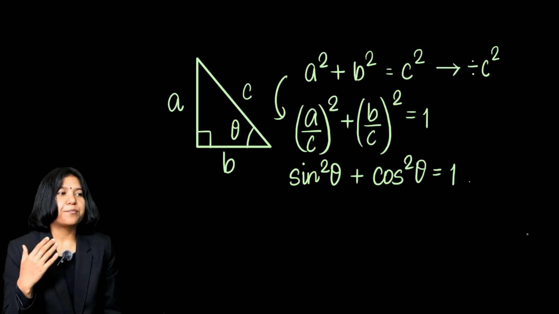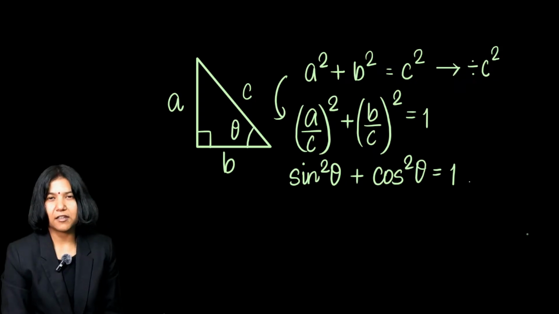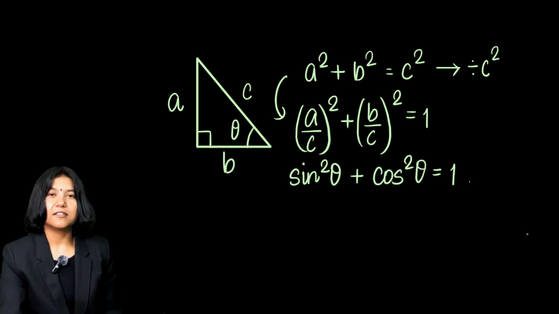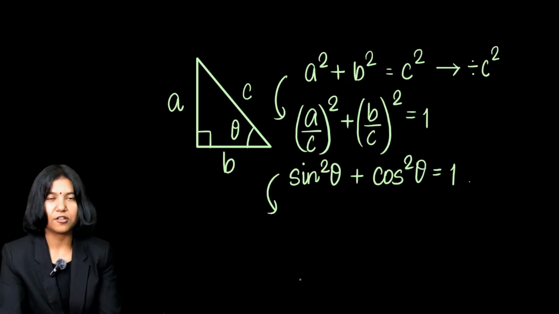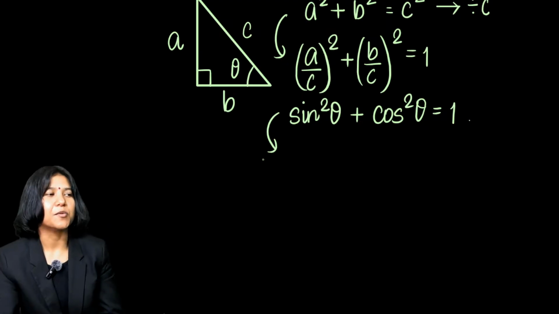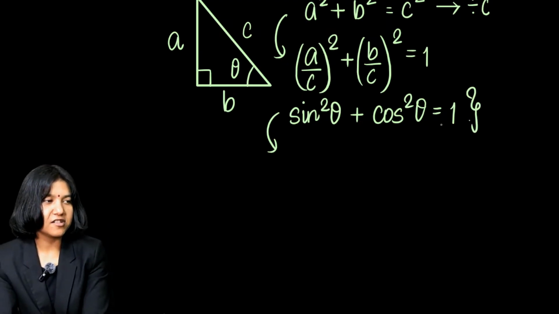Now we can do the same thing for all the rest of the identities. We can divide by b square, or we can divide by a square, and we'll get everything. But there is another way I can do it, which is to just consider this one continuously. So sine square theta plus cos square theta equals 1. Now let me divide this equation by sine square theta.